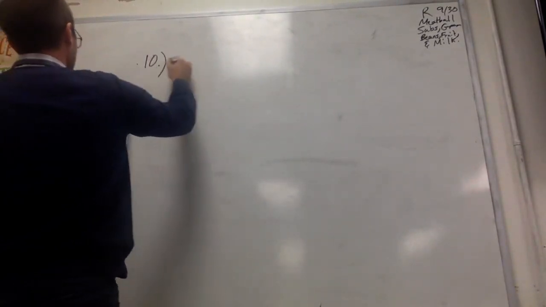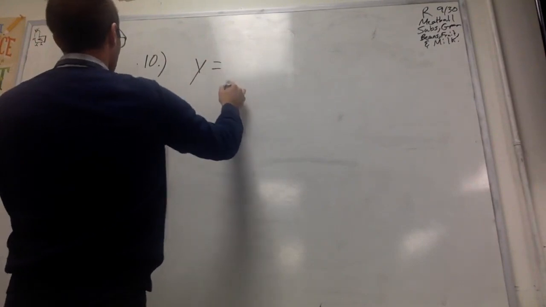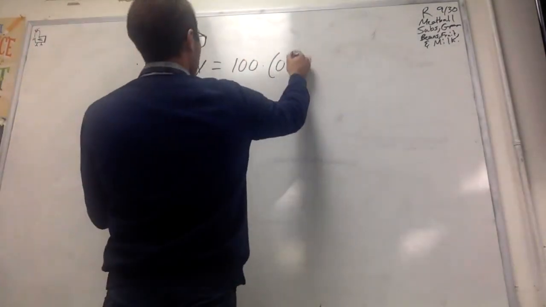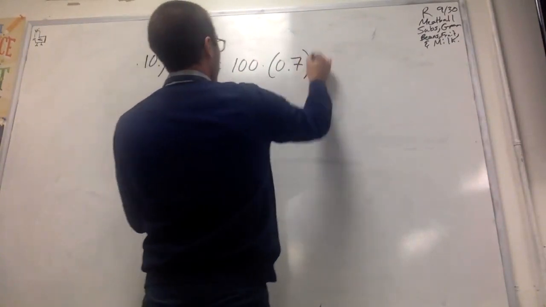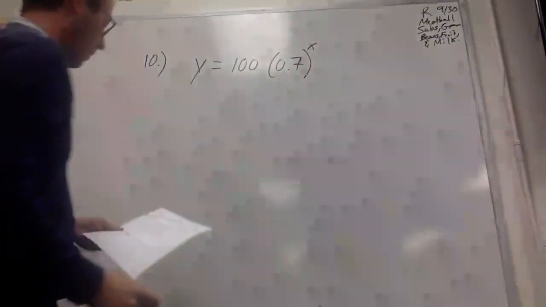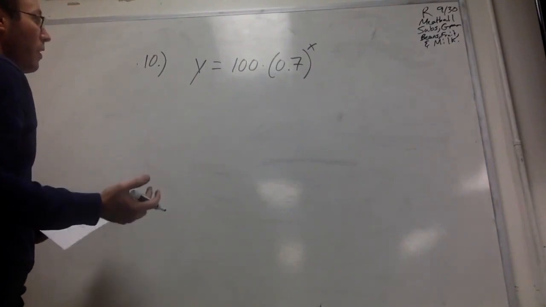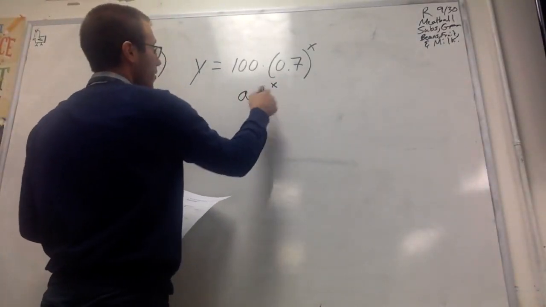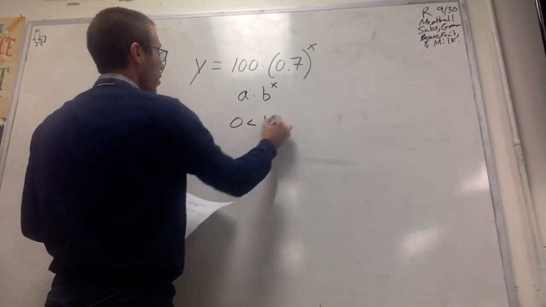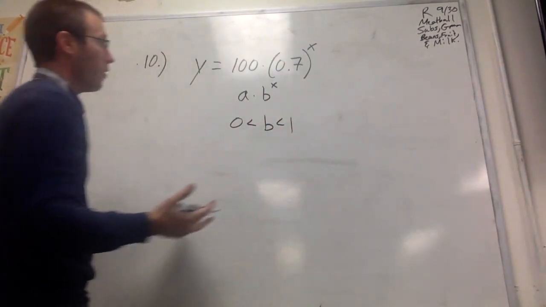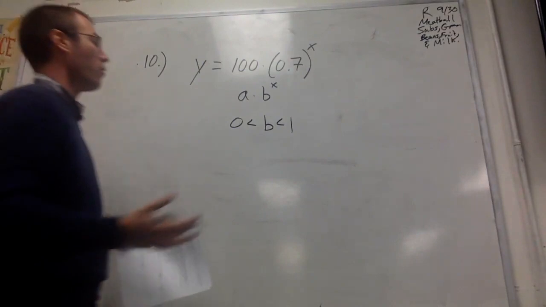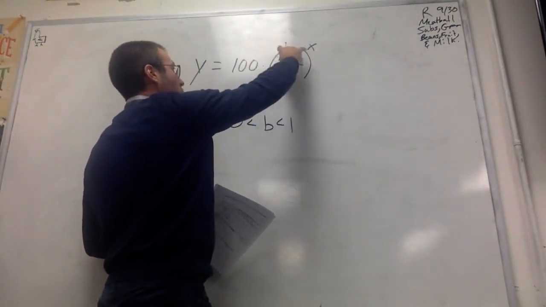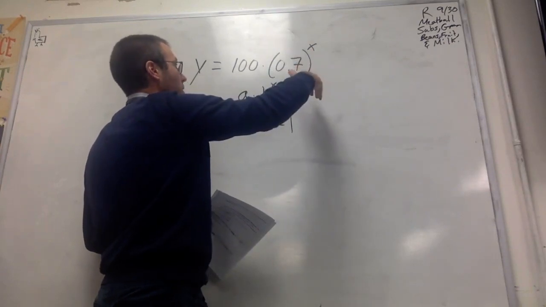Number 10 states y equals 100 times 0.7 to the power of x. In general, if b is a value between 0 and 1, then when you have 0.7, you're taking 100 times 0.7, 70% of it.